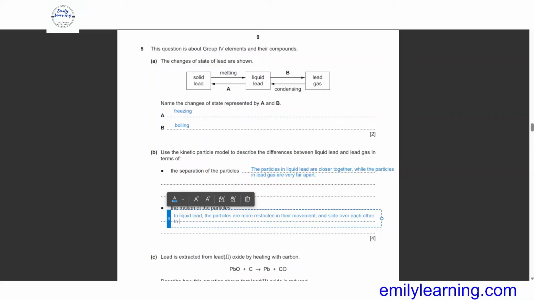In lead gas, the particles can move freely. Okay, so that's the answer.